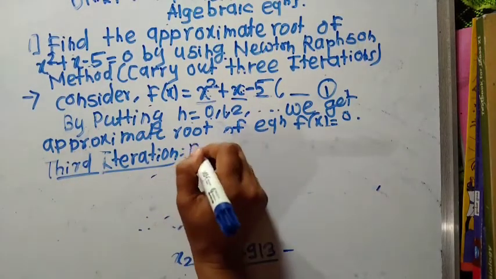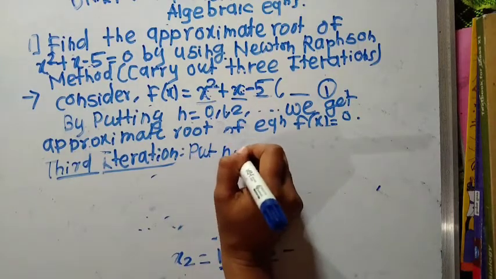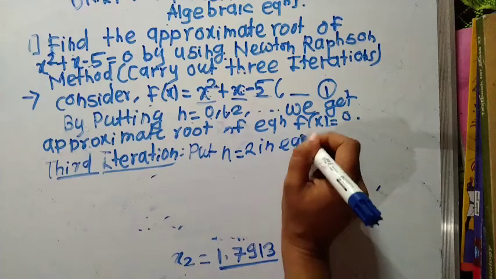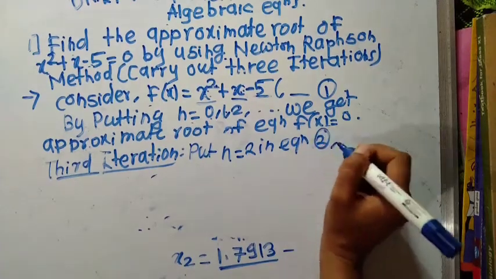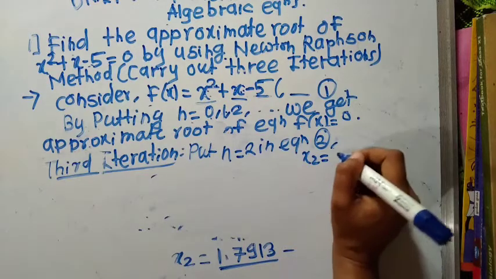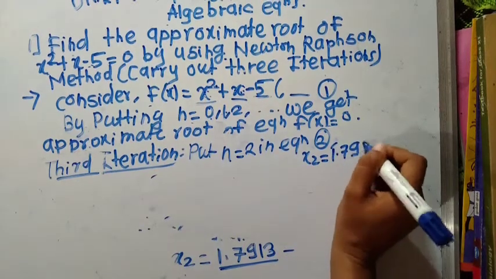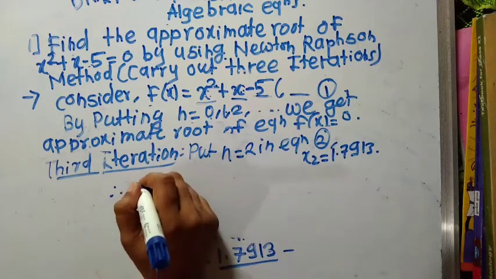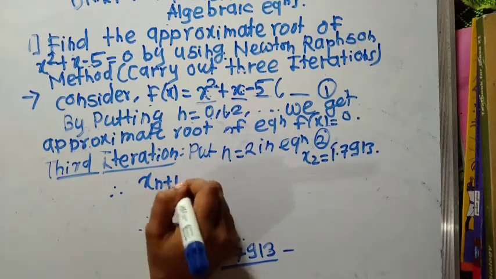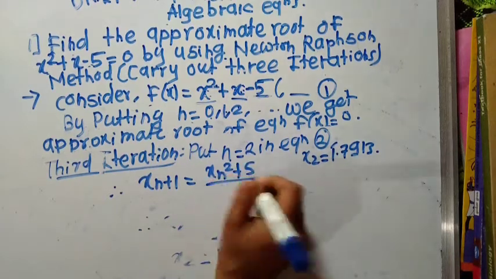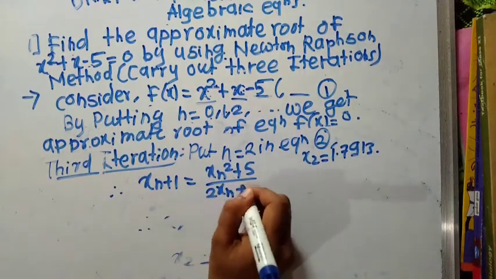So put n is equal to 2 in the second equation, and x2 is equal to 1.7913. So write down the formula: xn plus 1 is equal to xn square plus 5 divided by 2xn plus 1.